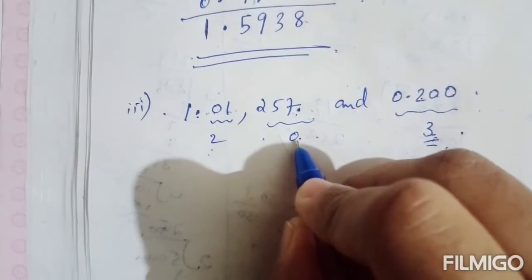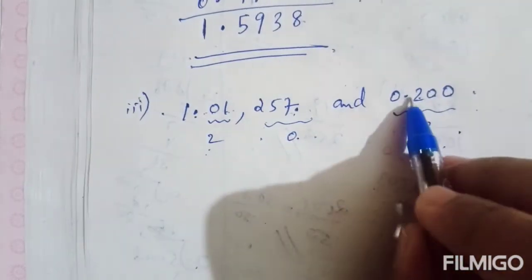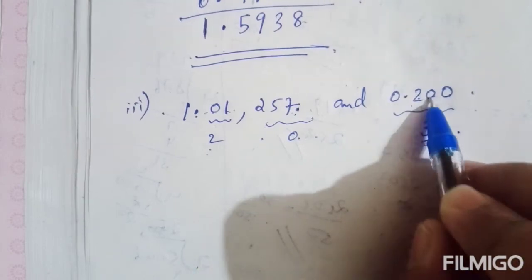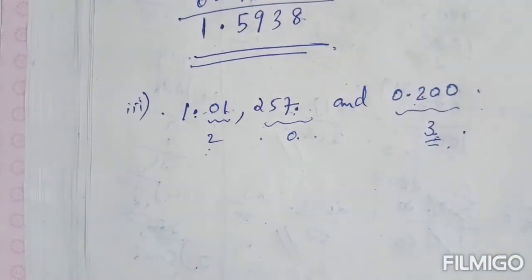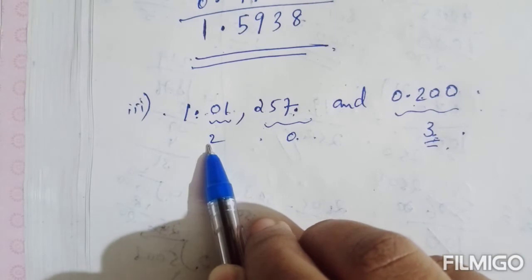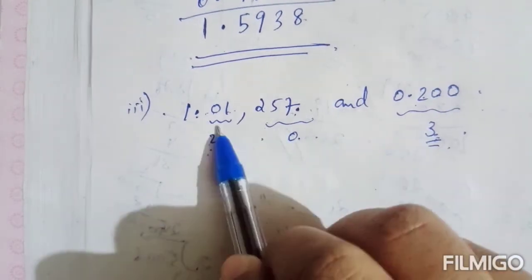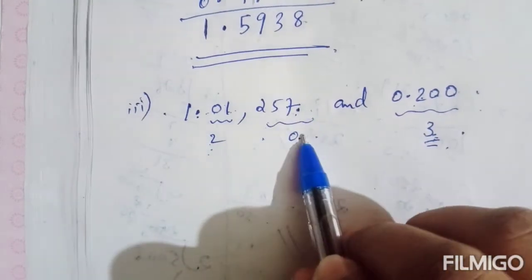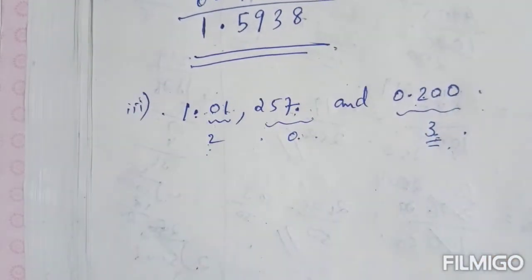That means it is 0. In the third decimal fraction, after the decimal point 3 digits are coming. The number of decimal places in each is: first one 2, second one 0, third one 3.